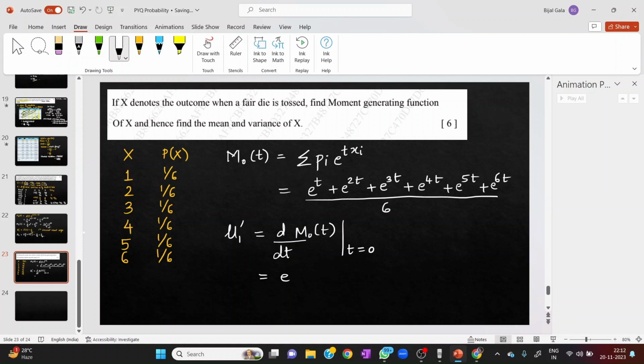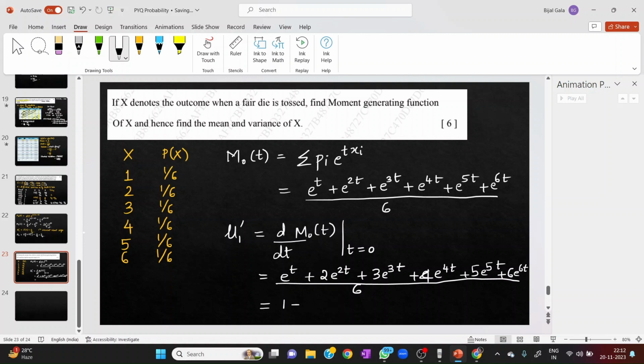So let's take the derivative. The derivative of e raised to t is e raised to t. This becomes 2 e raised to 2t, 3 e raised to 3t, 4 e raised to 4t, 5 e raised to 5t, and 6 e raised to 6t, divided by 6. We'll replace t equal to 0.